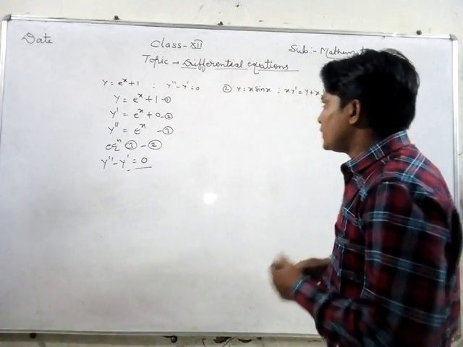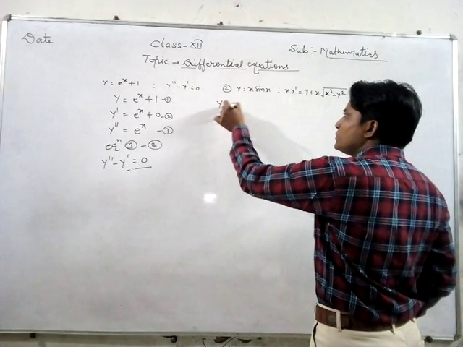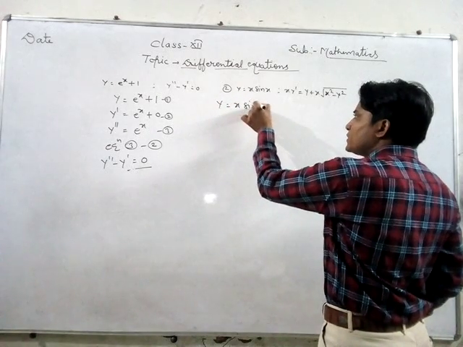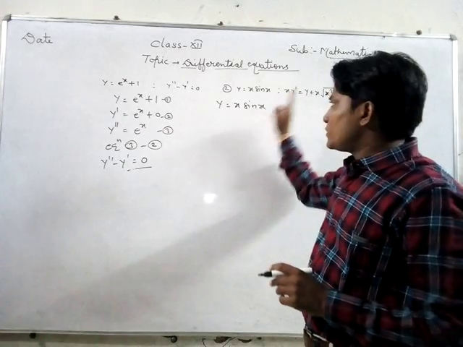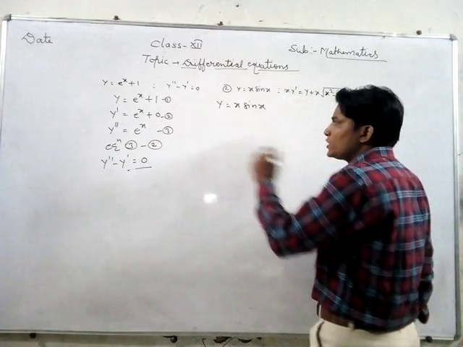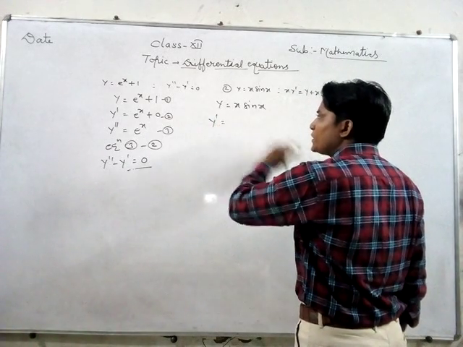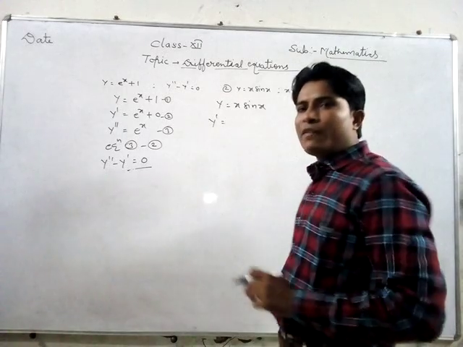So first of all we take the question. The question is y is equal to x sin x. Here we find the first derivative, y dash, the differentiation of y with respect to x.